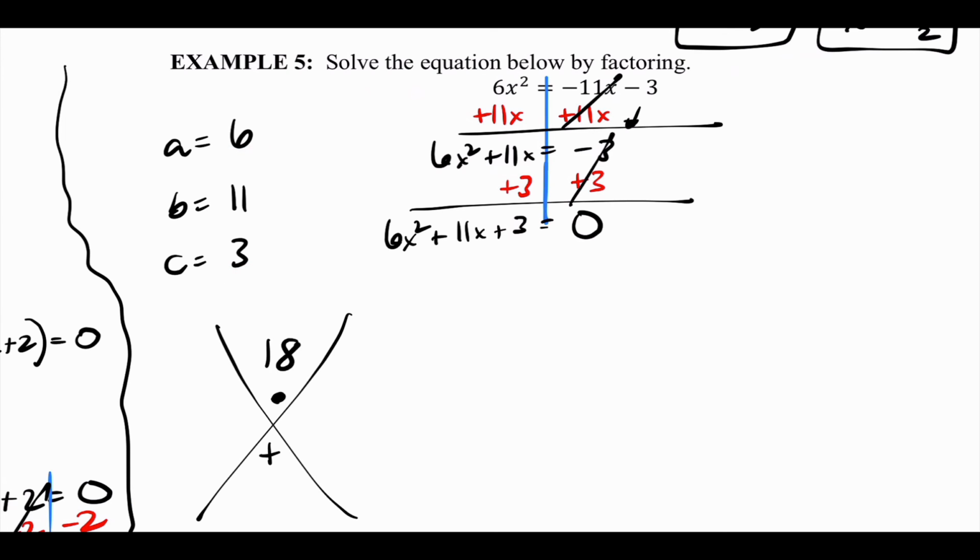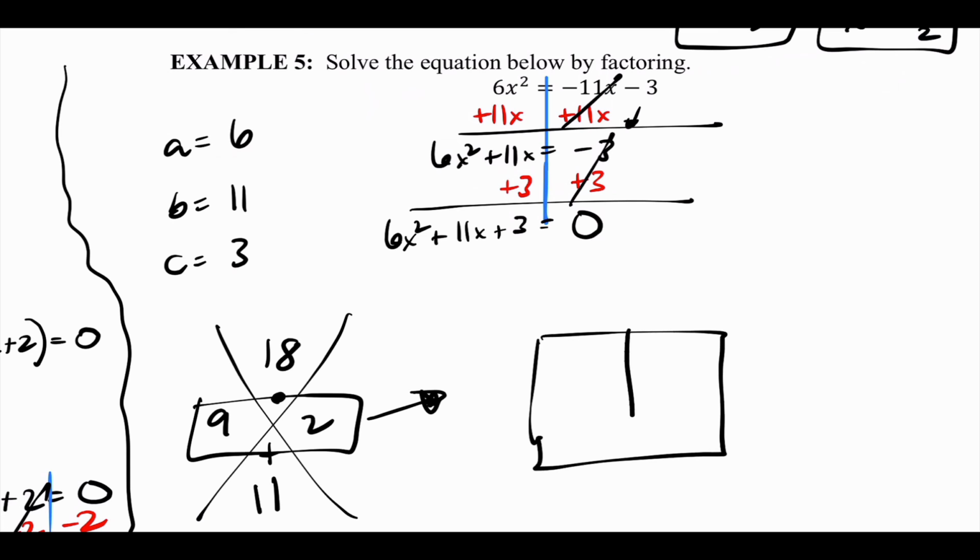I think we've done 18 before. I have to add up to 11. Two numbers that multiply to be 18 and add up to 11: 9 and 2. So we got 6x squared, positive 3, and then I have positive 9x and positive 2x.